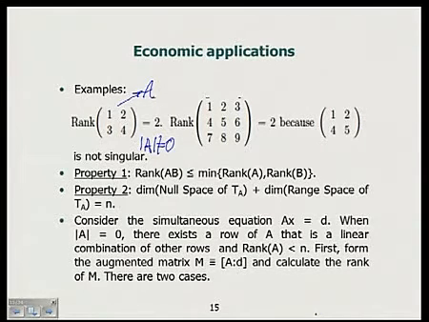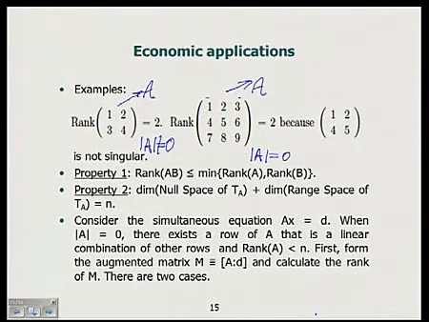Then we want to see the rank of the matrix A, in this case 1, 2, 3, 4, 5, 6, 7, 8, 9. It's easy to check that the determinant of this matrix is equal to 0. And the meaning is that one of these columns or rows is a linear combination of the other two.